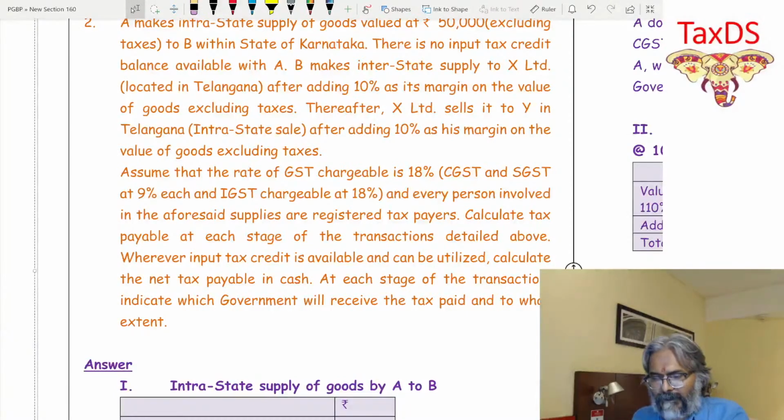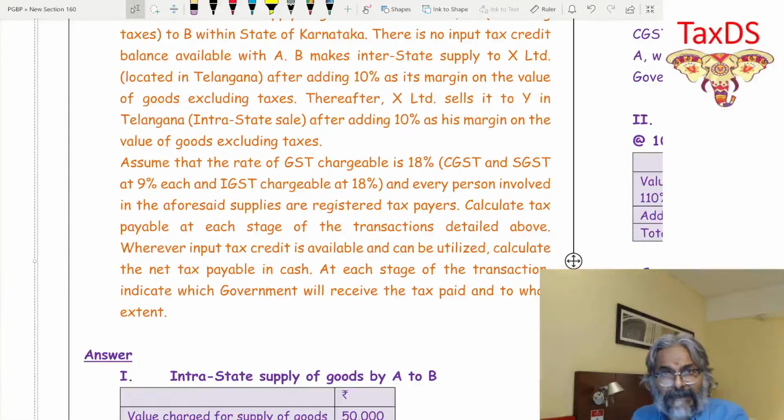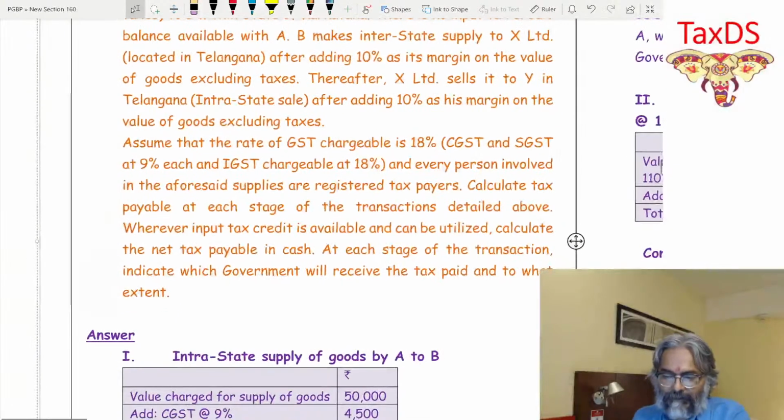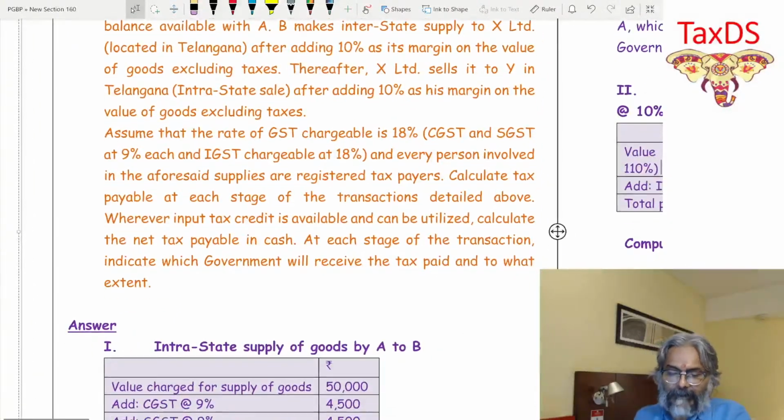So that will be his total in that context. And on that output supply, the CGST and SGST would be applied. Is that clear?